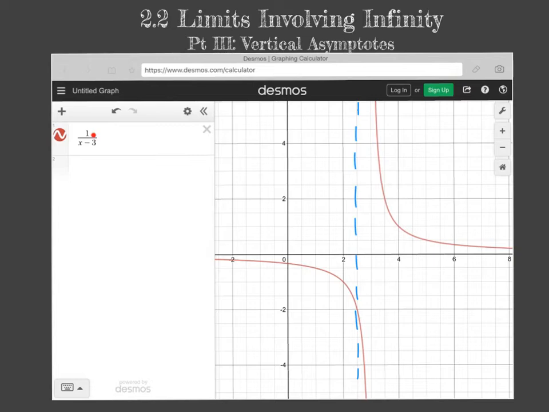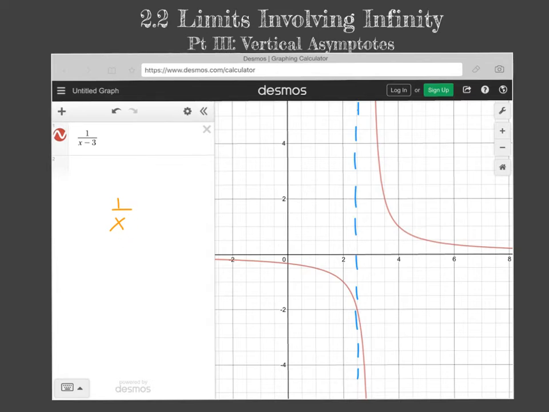This one doesn't need factoring because it's so simple, but there's no canceling here. 3 makes the denominator 0 without any sort of canceling top to bottom. Therefore, the line x equals 3 is our vertical asymptote. Just like before when we had 1 over x, the line x equals 0 was a vertical asymptote for that one because 0 made the denominator 0 and nothing canceled top to bottom.